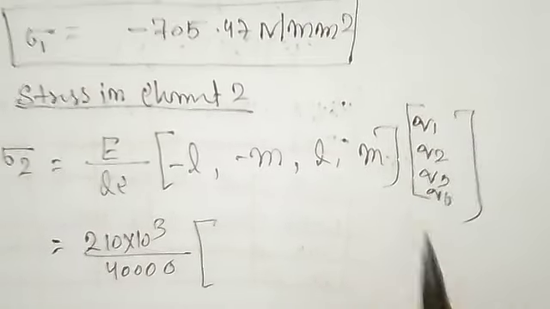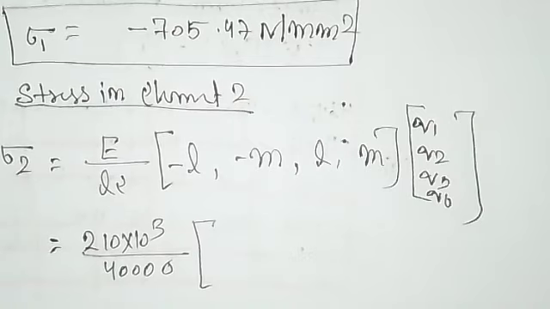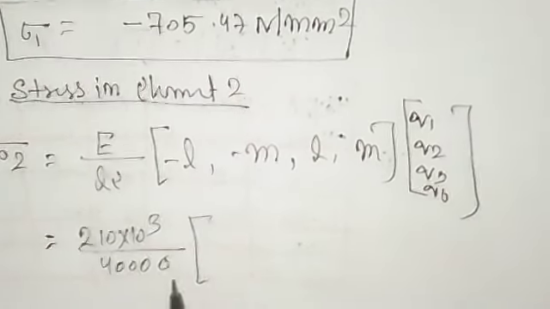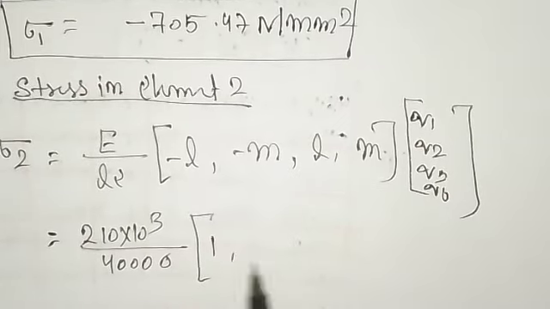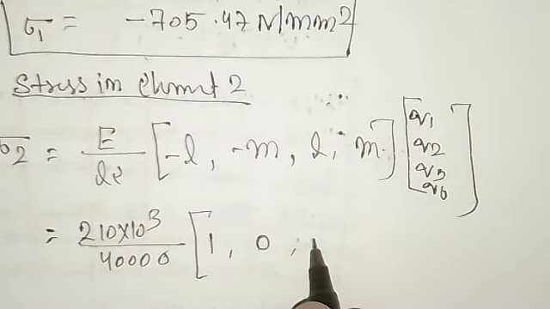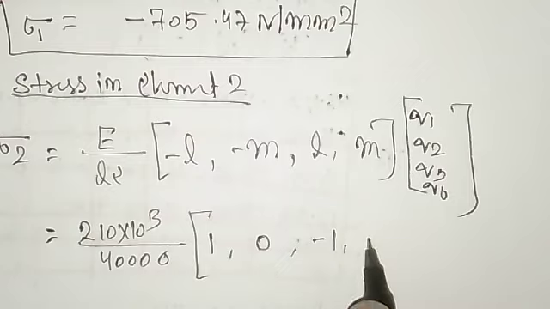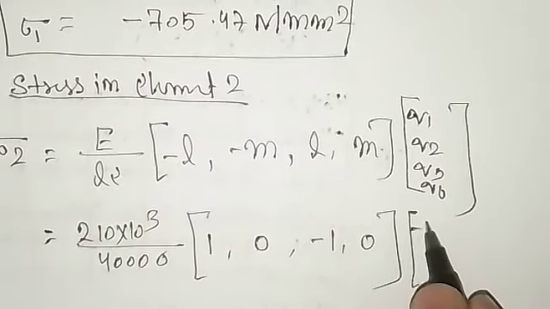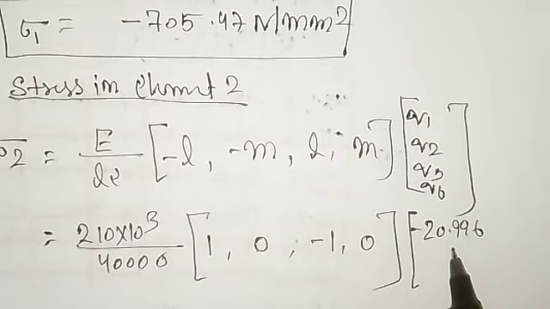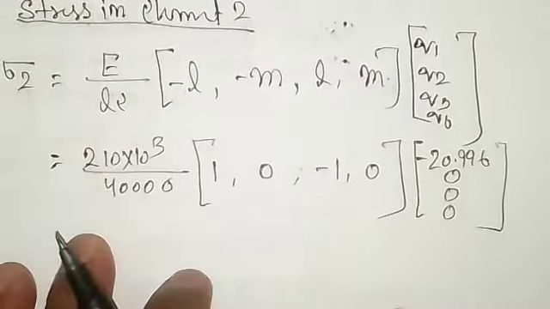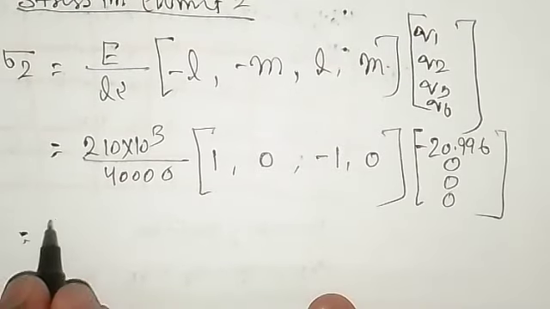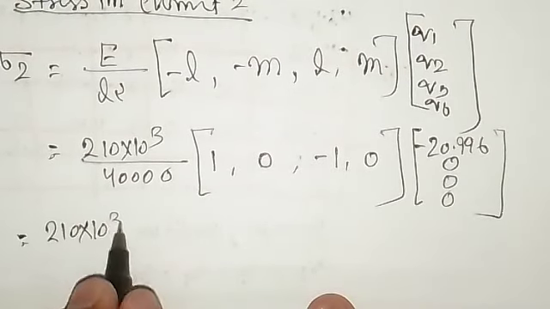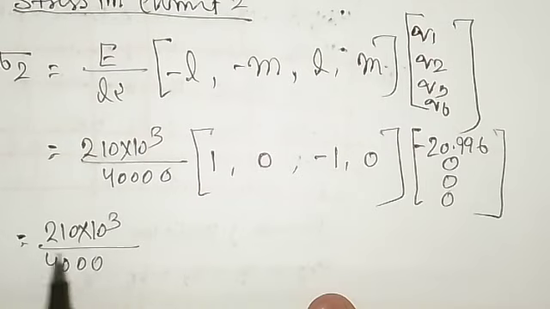For element 2, L is equal to minus 1, so minus L will be 1, right? And M is 0, so it is 0, and this is minus 1, right? And this is 0. So Q1 is minus 20.996 again. Q2 is 0, Q5 0 and Q6 0. So you can simplify that: 210 into 10 to the power of 3 by 4,000, right?